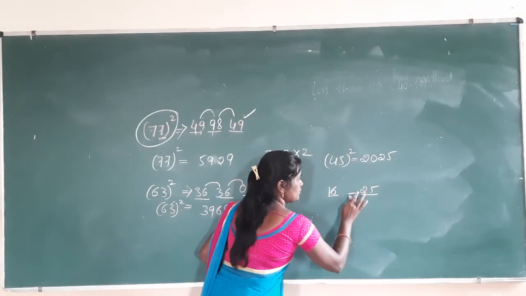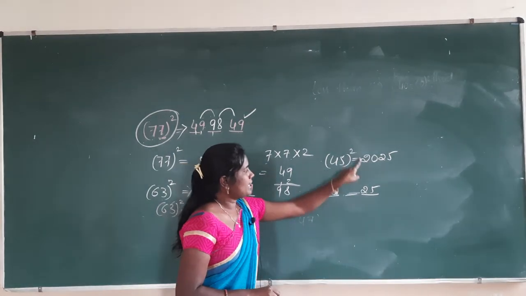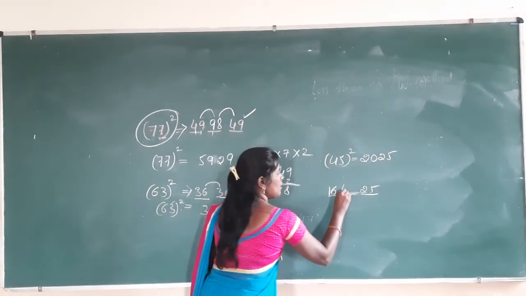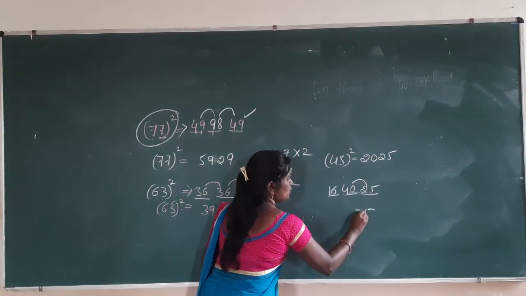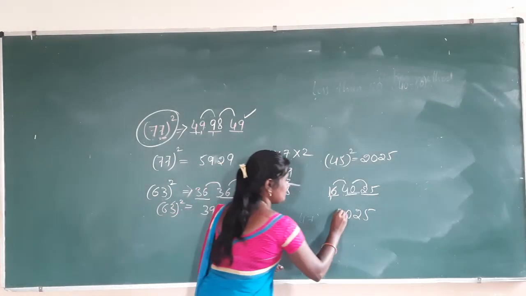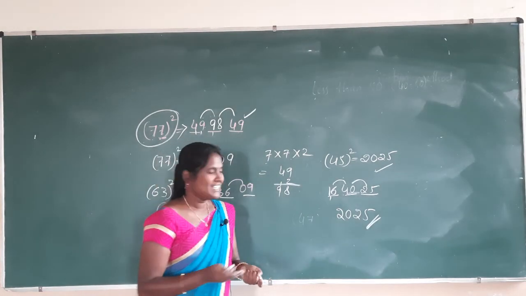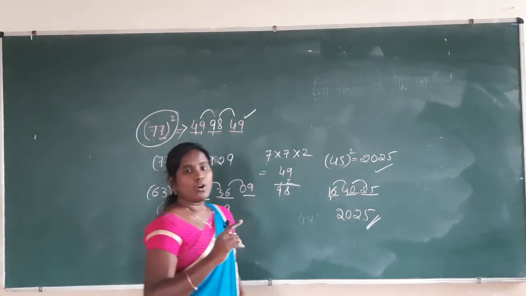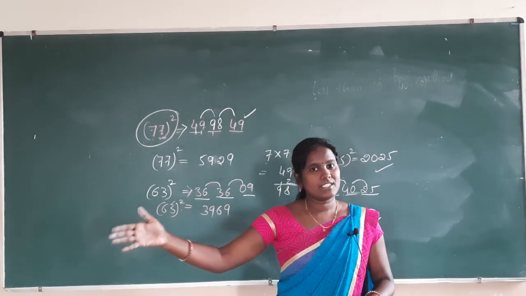So 3 dashes we were supposed to consider. 4 square 16, 5 square 25, 4 5s are 20, 20 2s are 40. 5 as it is, 2, 6, 4, 10, 2. 2025. Okay. So this method works for all the numbers from 1 to 99.